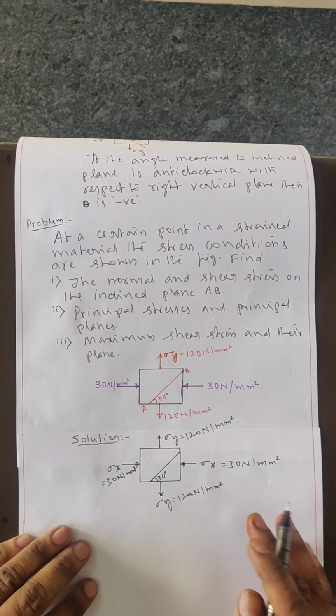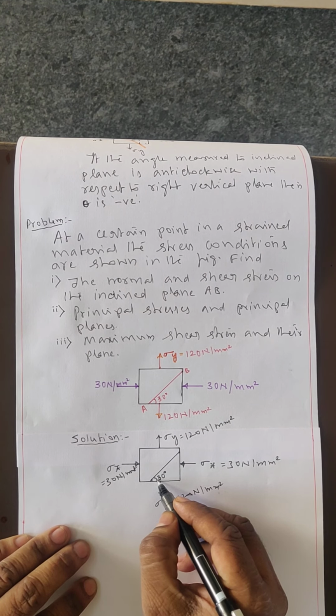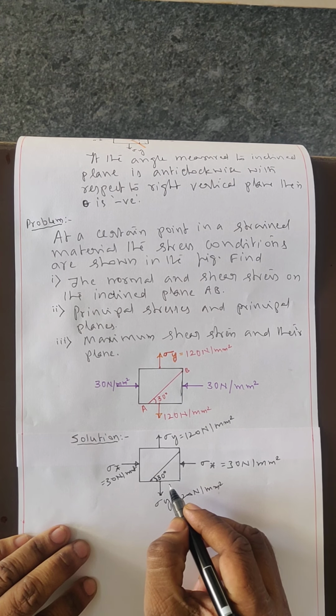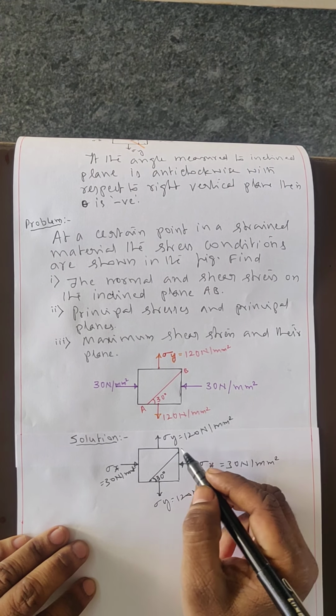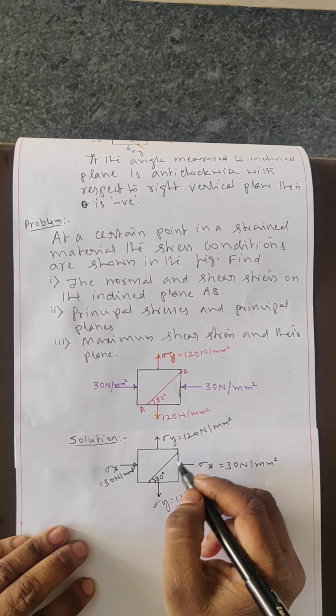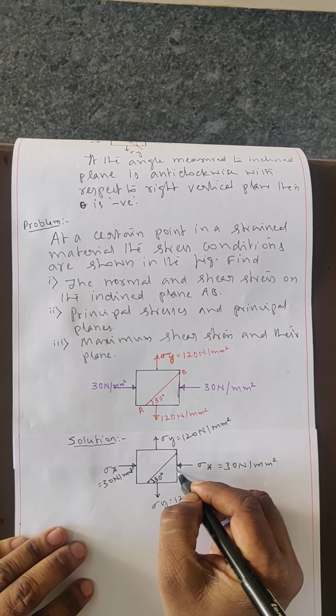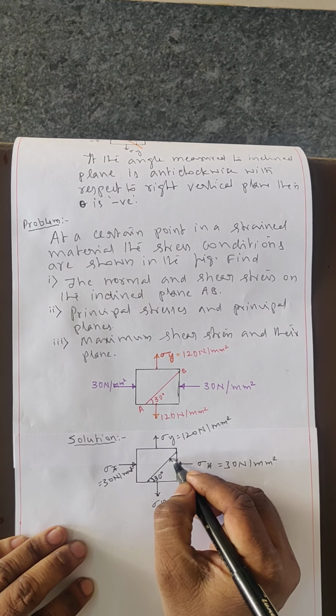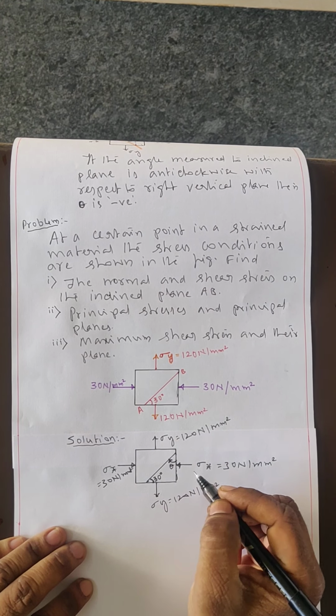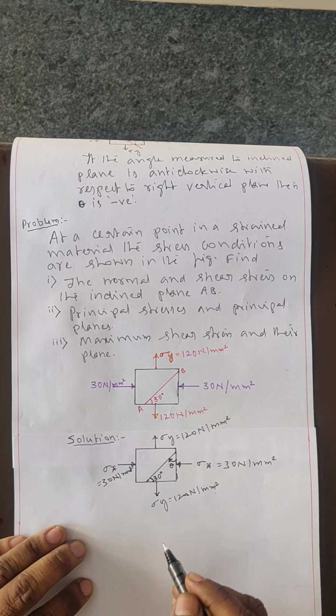Now what is the given data here? See, this angle is given with respect to the horizontal axis. Therefore, always we want the angle with the right vertical. Here the right vertical is this. So the angle theta should be measured from the right vertical. This theta we have to calculate.